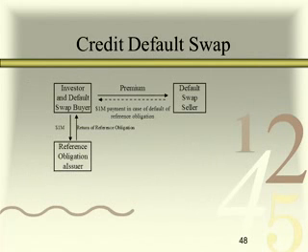Who are you getting protection against? What's the premium? In this case, the premium is paid to the seller. The buyer of credit risk insurance, or credit risk swap, pays a premium to the seller, the insurance company, the bank, whoever is set up as the seller.